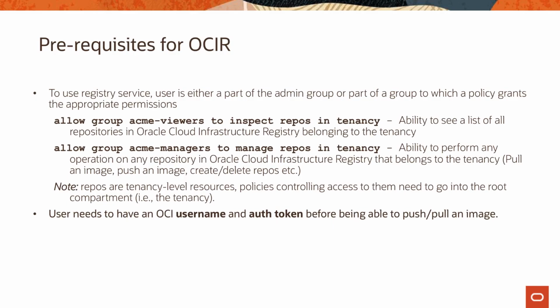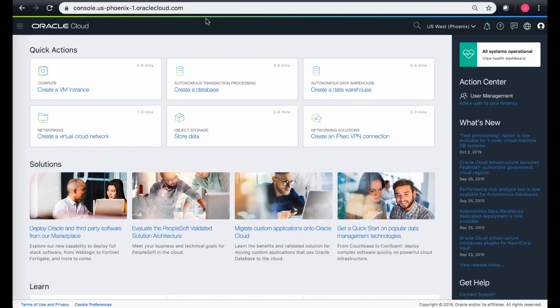So you basically follow the same principles of IAM, and OCI registry is also another resource within the OCI services, and you use that resource within your policy infrastructure. One thing to note over here is that repos are a tenancy level resource. So that's why when you are creating a policy, you have to write the policies in the root compartment of your tenancy.